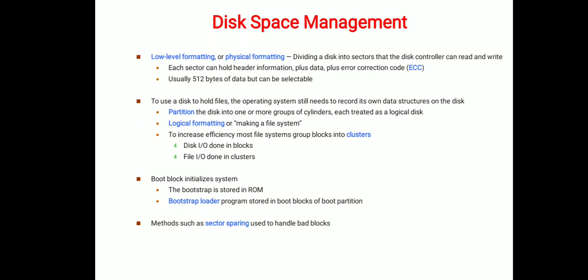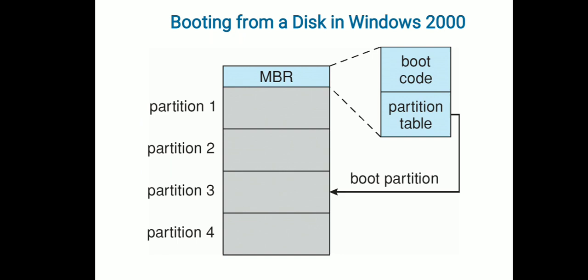Even if any bad blocks are there, to handle that, the OS has sector sparing. If any block goes wrong, a sector sparing block will immediately be initiated to recover that bad block. And this is how booting from a disk in Windows 2000 happens. For all the partitions, first of all, there is the master boot record.